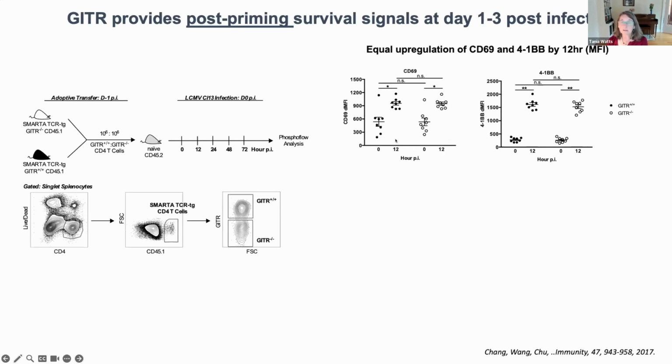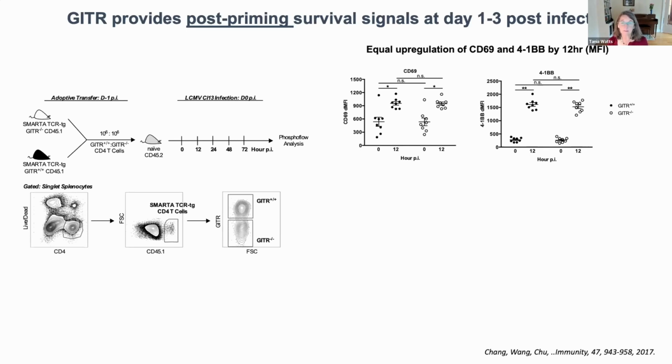So this said to us that within 12 hours after infection, the cells that we could recover from the spleen that were specific for this LCMV GP61 to 80 must have seen antigen because they'd all upregulated these early activation markers. Here I'm showing you mean fluorescence intensity, but depending on the marker, at least 60 to 80% of the cells had upregulated this marker.